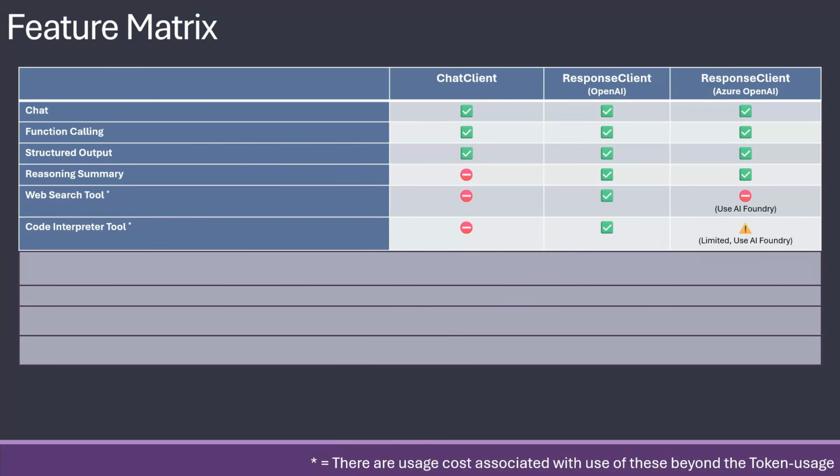Code interpreter tool. So you have probably seen that in ChatGPT as well, where it writes some Python code and can use that in order to calculate something or generate a pie chart or a bar chart and so on. And of course, the chat client can't do that because it doesn't have that tool built in.